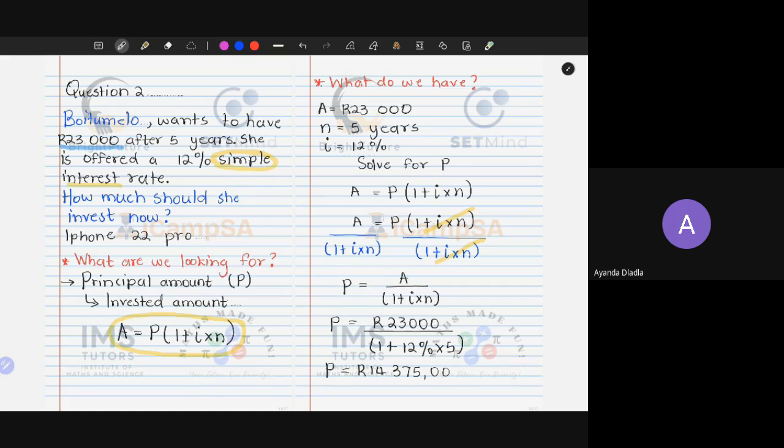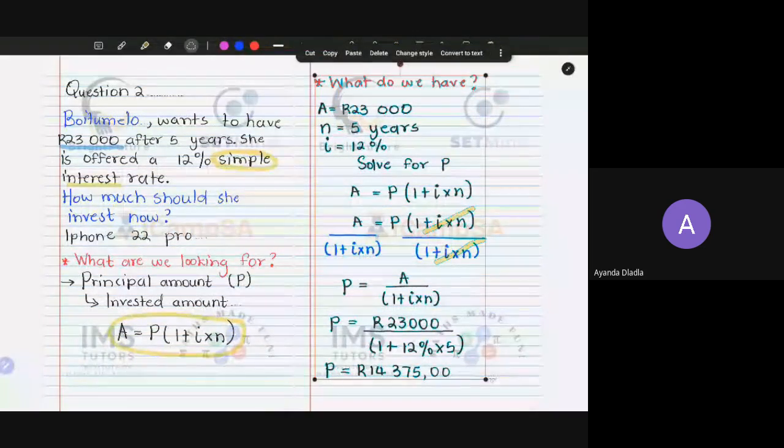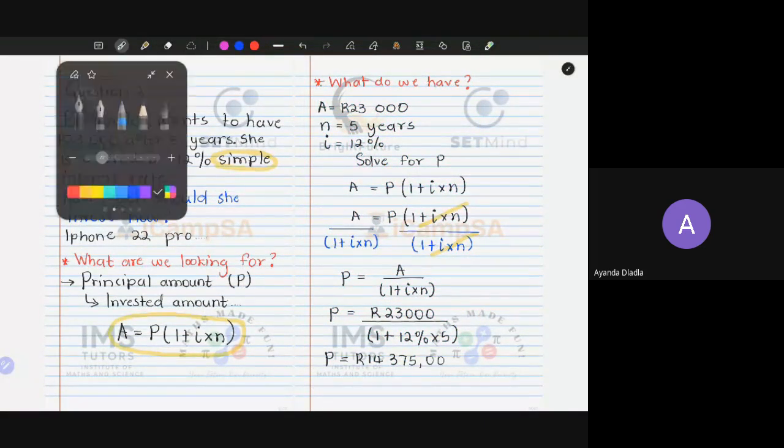What does it mean even? Give it a shot, guys. That's the amount that she must invest. Yep, thanks for that. So we'll say to Buitumelo, look, you better have 14,375 now, if after 5 years you want 23,000.